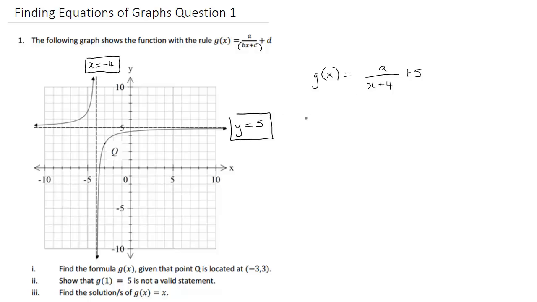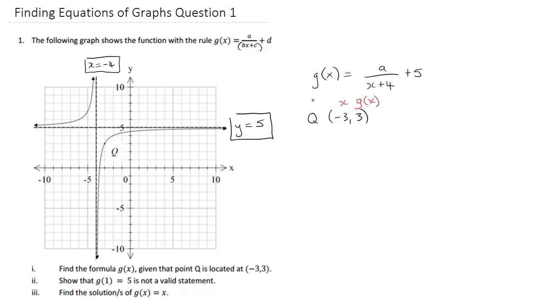The next thing that we should do is, we know that Q is at (-3, 3). And so we're going to be using this particular coordinate to identify what a is. So this is our x value, this is our y value, or in other words, our g(x) value.